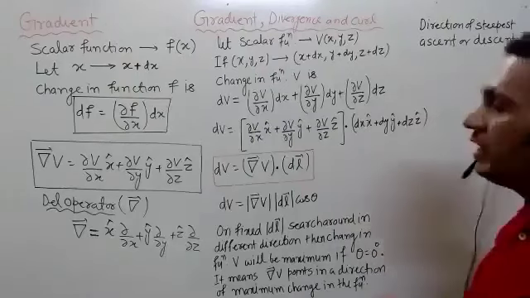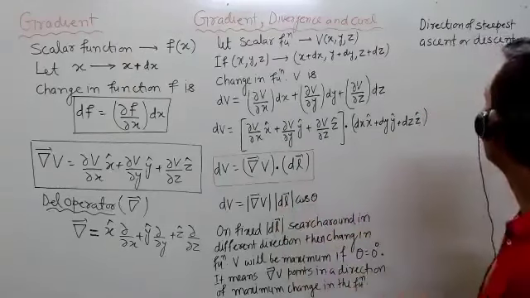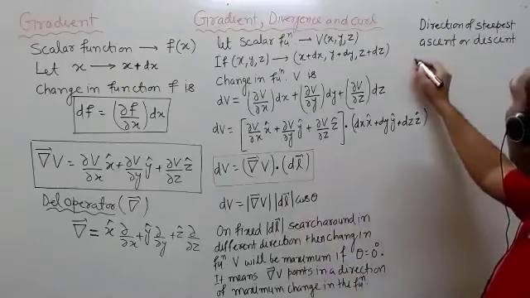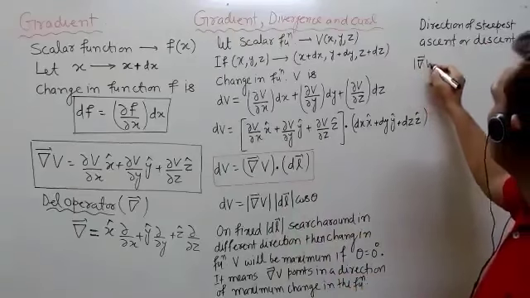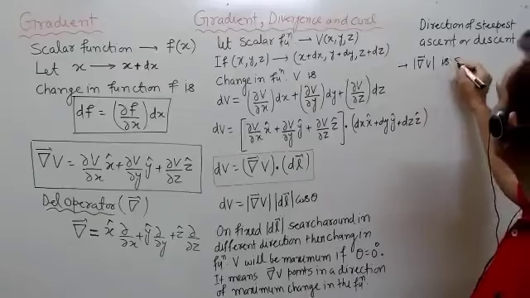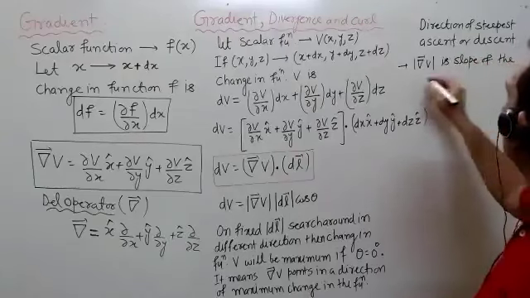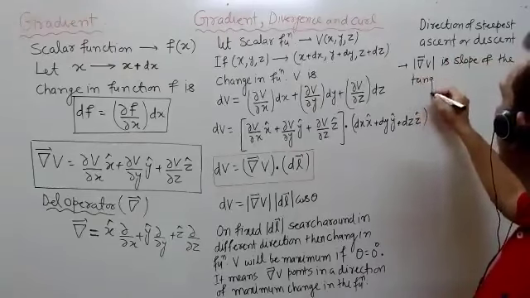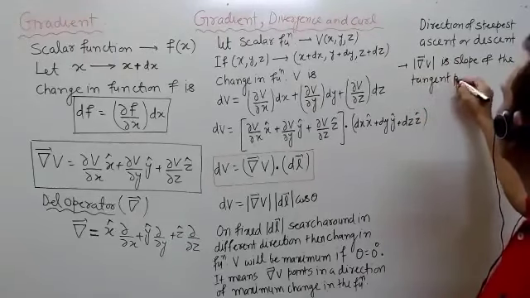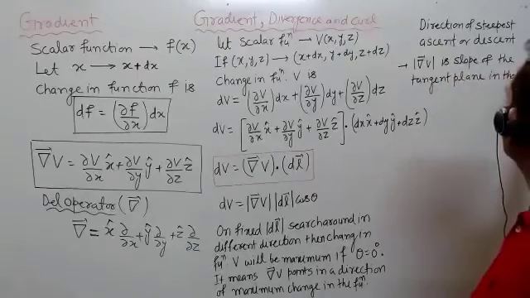You have to see in which direction the change in the function is maximum. And mod gradient v represents the slope of the tangent plane in that direction.